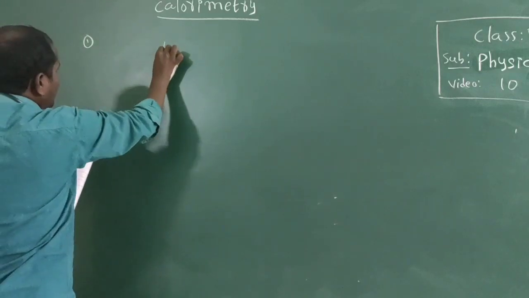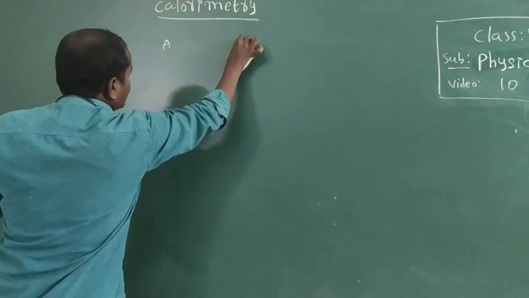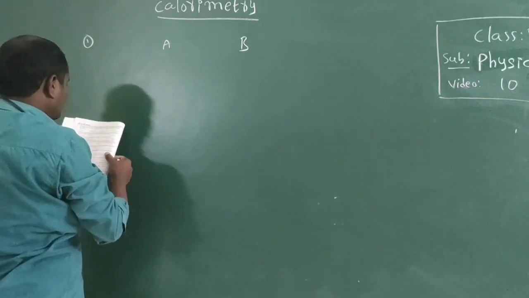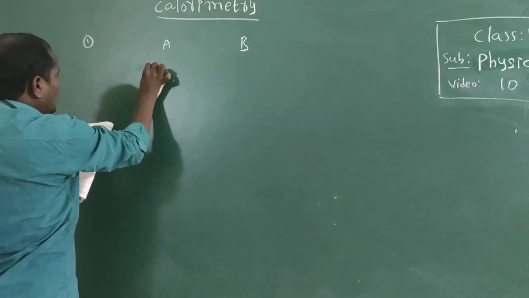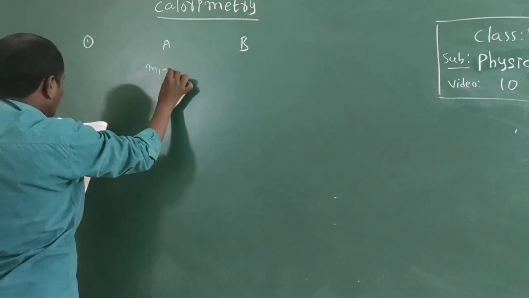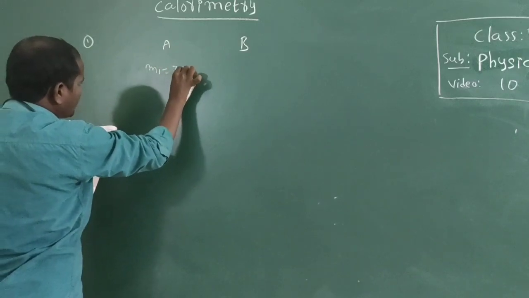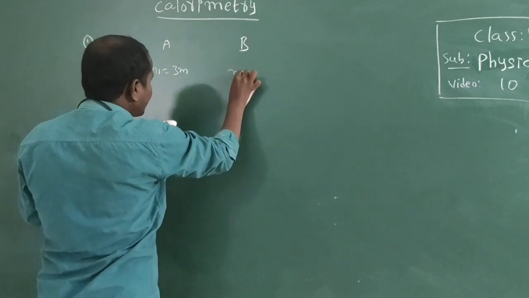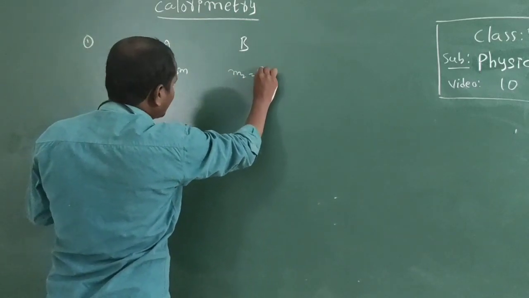Here A and B are the two liquids. The mass of the first liquid M1 equal to 3m. The mass of the second liquid M2 equal to 4m.